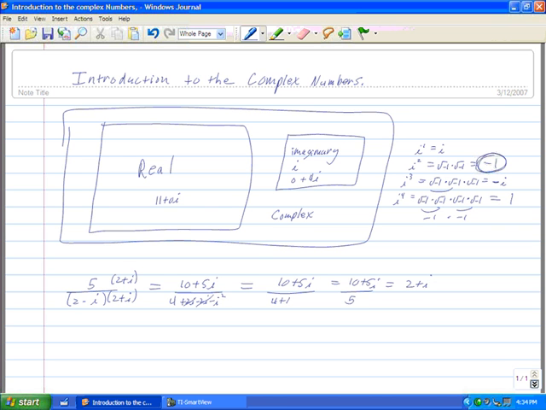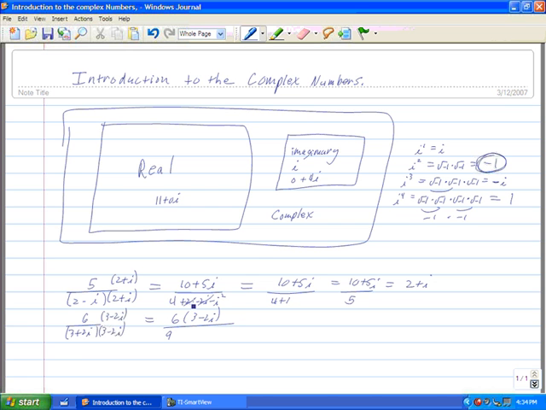So, again, if I had 6 over 3 plus 2i, I would multiply top and bottom by 3 minus 2i. And I'm going to leave that multiplication alone just for a second so I can get this down here. 3 times 3 is 9.